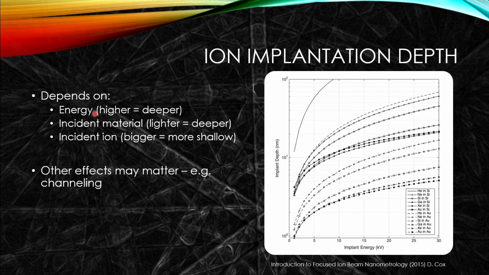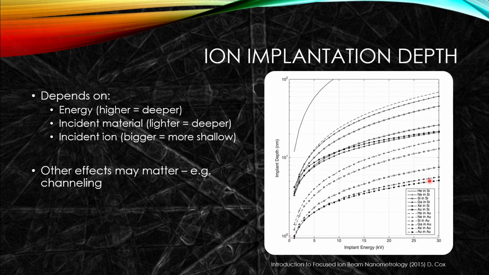We can also look at the ion implantation depth for different ions going into our system, and different substrates and different energies. So there's this nice modeling done by Cox, which is showing effectively in different systems that if we increase the implantation energy, we get this sort of parabolic curve.